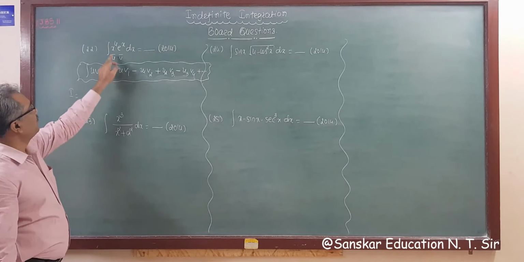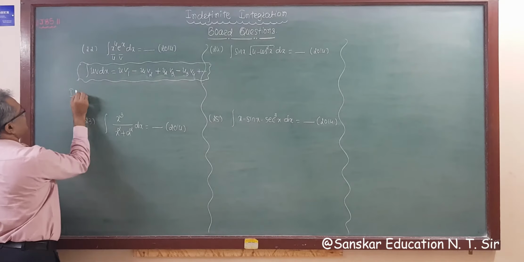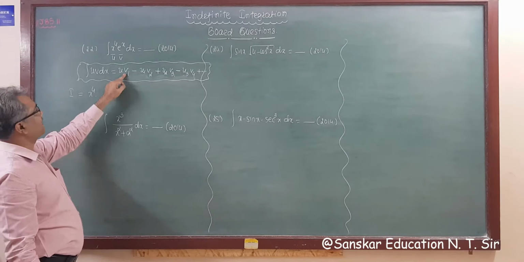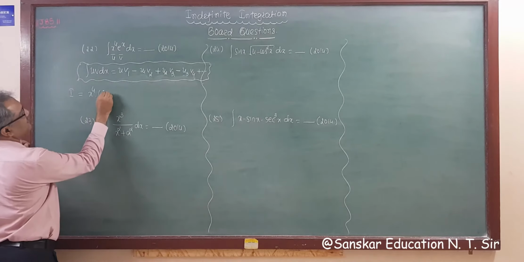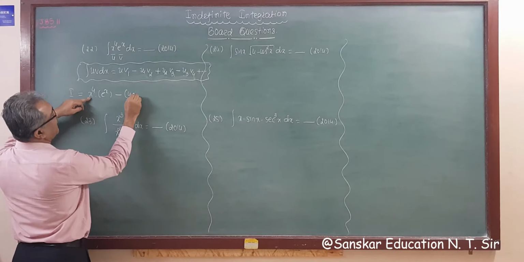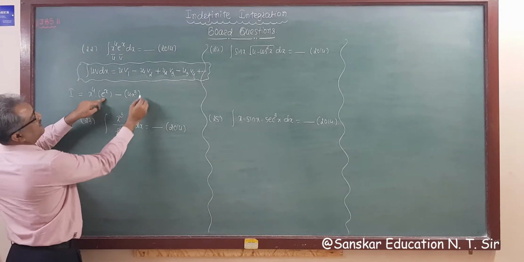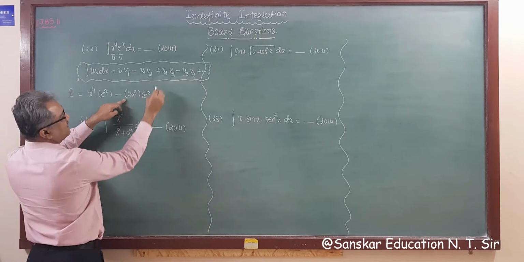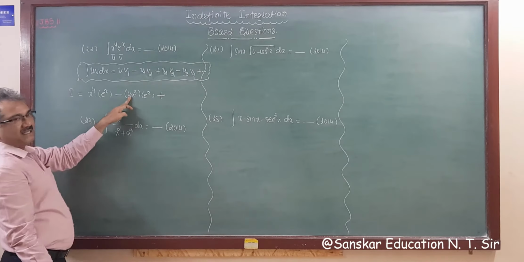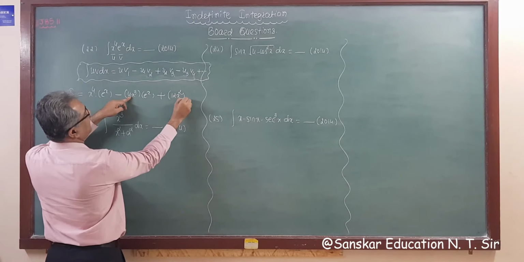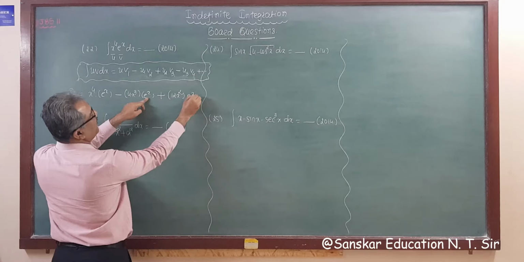Okay, so u is x raised to 4 as it is. Now integration of e raised to x is e raised to x, so this is e raised to x, minus derivative of this, which is 4x cubed, and integration of this is e raised to x. Now plus derivative of this, 12x square, and integration of this is e raised to x.